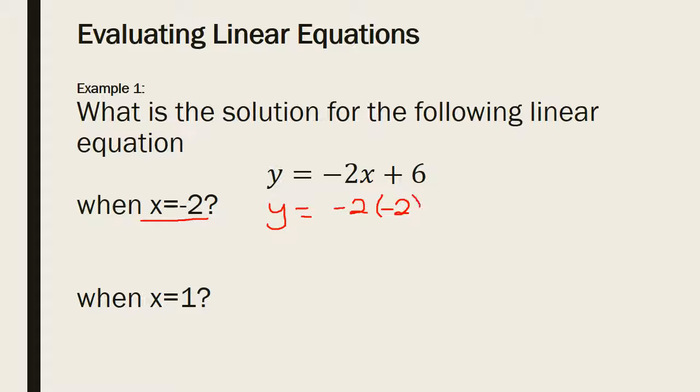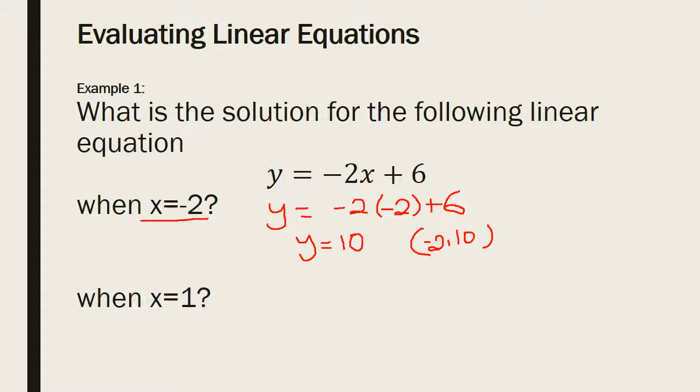So when I switch x with negative 2 in this equation, I end up with a value for y, and this value is 10. Negative 2 times negative 2 is 4, plus 6, and the solution is 10. Now the solution for the linear equation is a point, as we said before. And this point is going to have an x-coordinate and a y-coordinate, which is in this case negative 2 and 10.